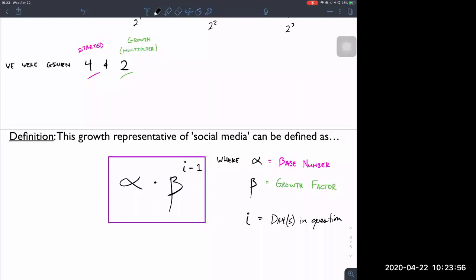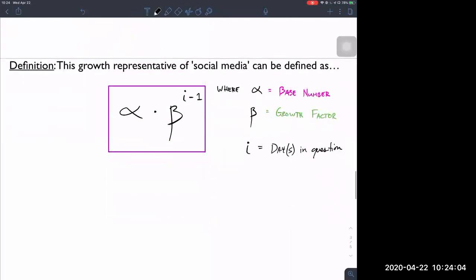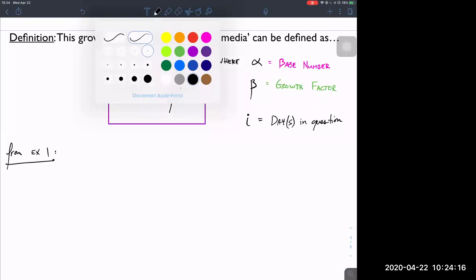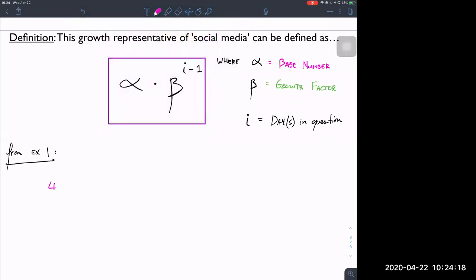So we're going to use this now and go, hey, what do I want to know? What do I want to know, for example, from example 1? Remember, we have now this 4 times 2 to the I minus 1, right?